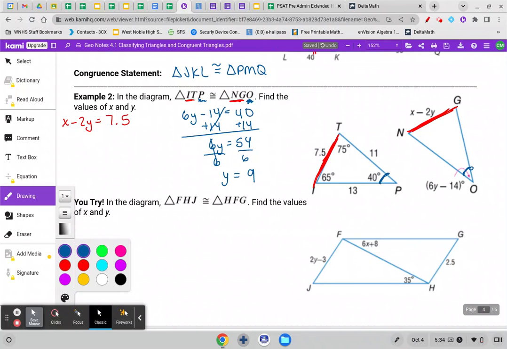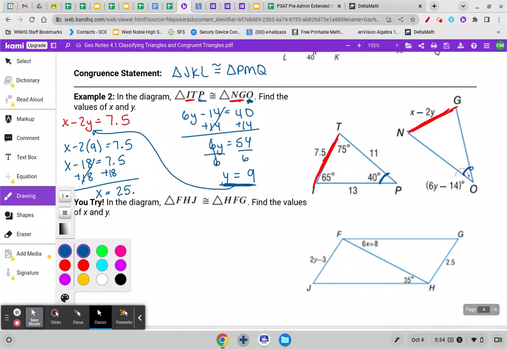Now, like I said, I couldn't solve the first one over here to start because I don't know what Y is, but now I do. So I go ahead and plug that in. And I finish solving. So my X is going to equal 25 and a half.